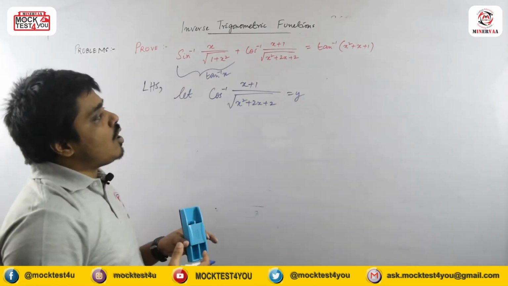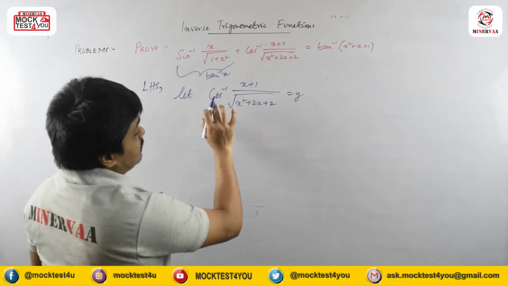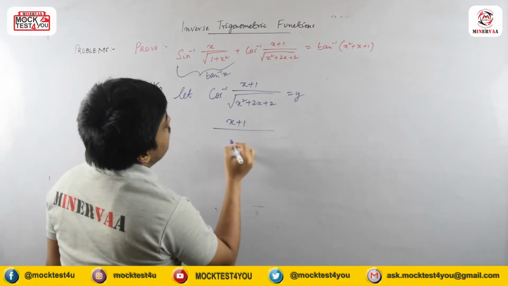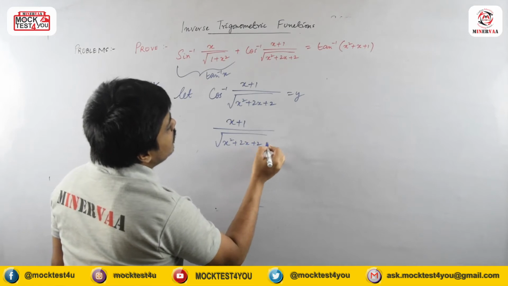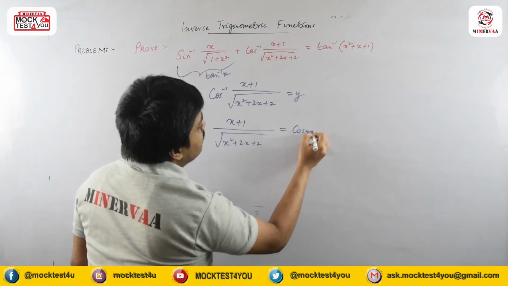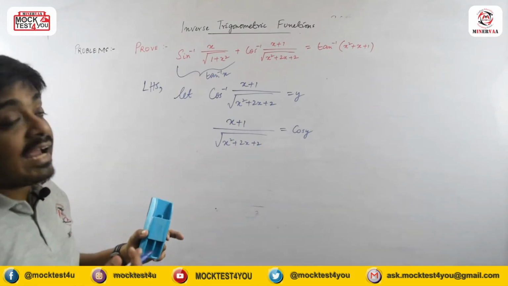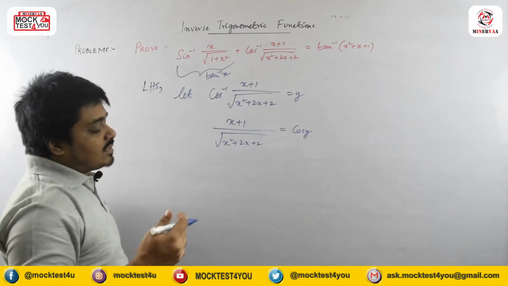Now once we have cos, we need to get sine. So how to get sine? This cos inverse will go that side. So what do we have? x plus 1 divided by root over of x square plus 2x plus 2 is equal to cos y. After doing this, we know we need to get sine, right? Why do we need to get sine? Because tan is what? Sine by cos.